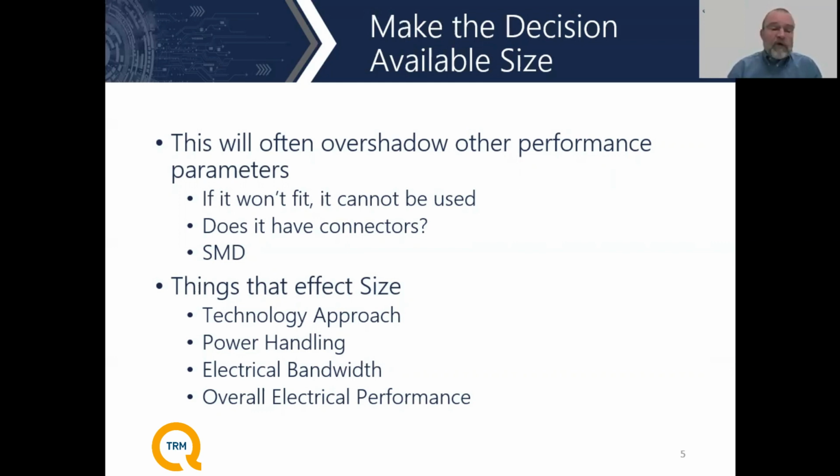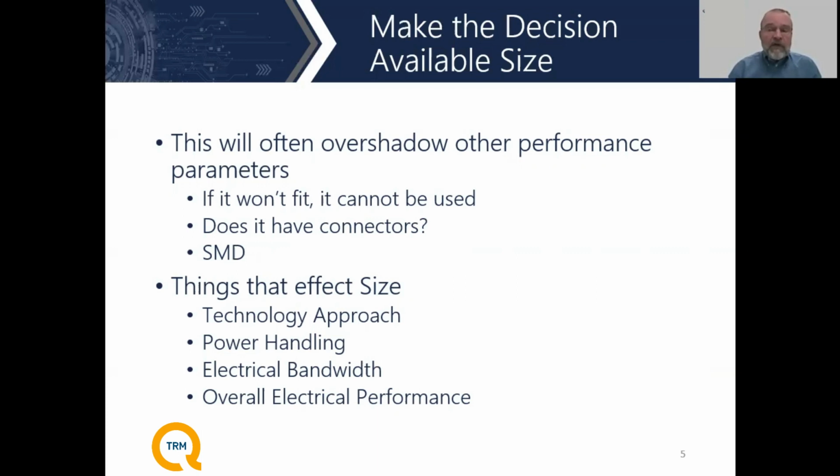Also, things that affect size are bandwidth. A very broadband, high frequency strip line part using distributed elements will be much larger than a narrowband strip line part, simply because of the number of sections that are involved. Things also that affect that are overall electrical performance.